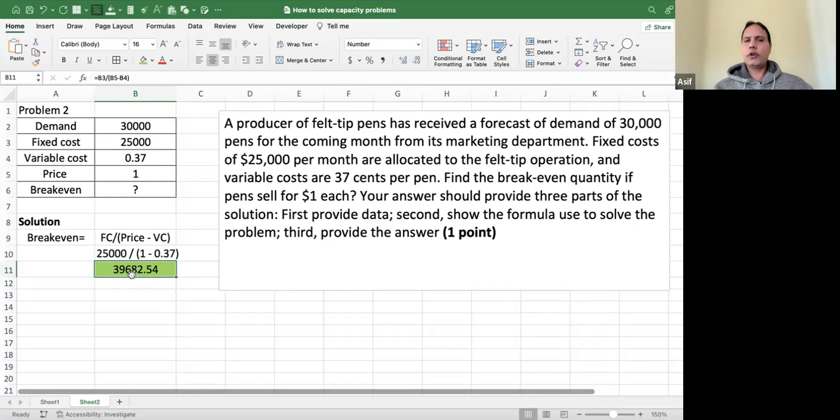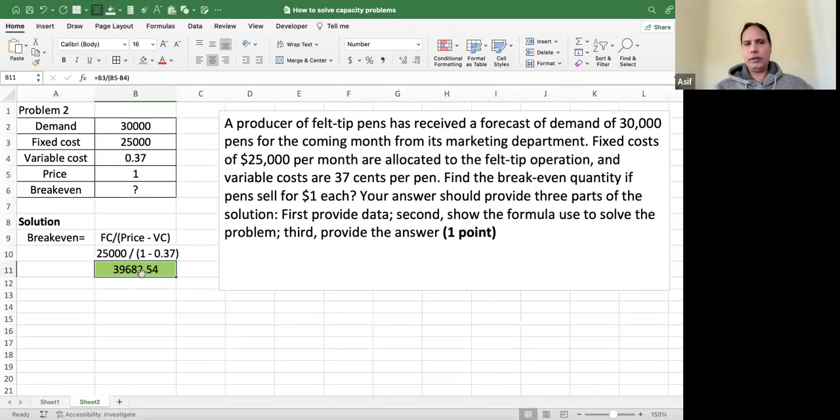So your answer should be this one, 39,682.54. And again, because break even is a quantity of pens, it's not something in dollars or something in percentage. So don't make this mistake of clicking on percentage here, because we are not talking about percentage here, that's a quantity. So this is how we calculate break even points.